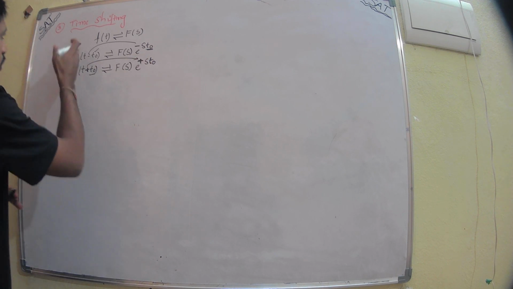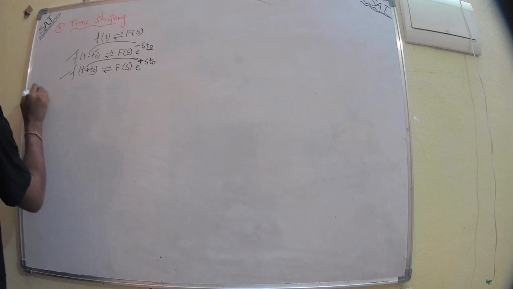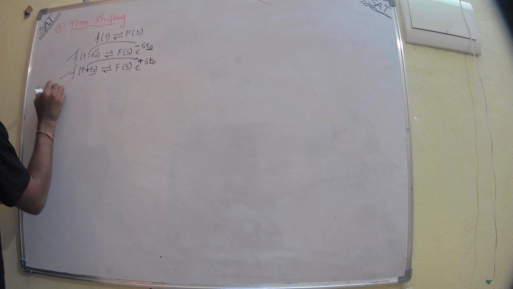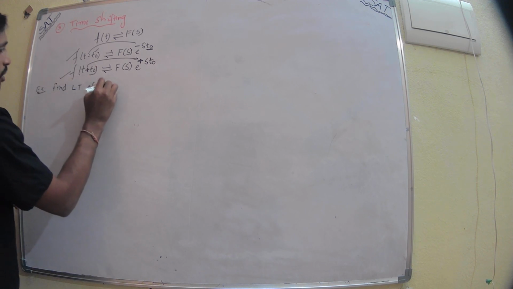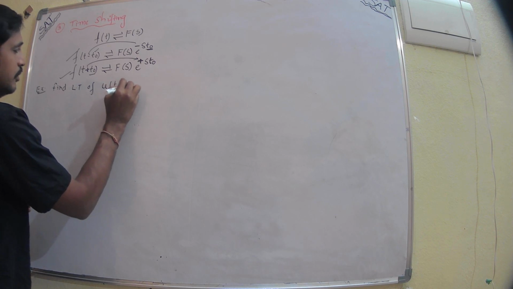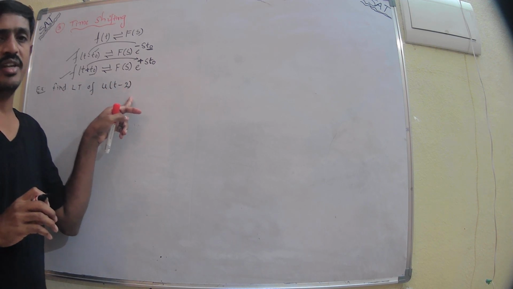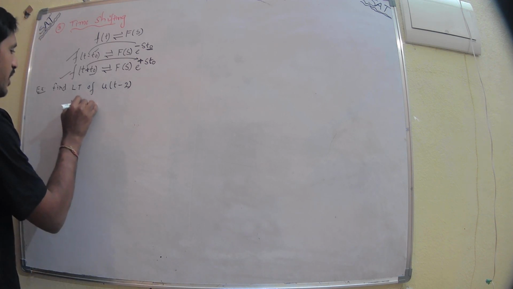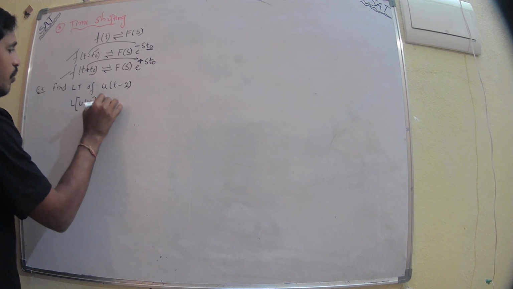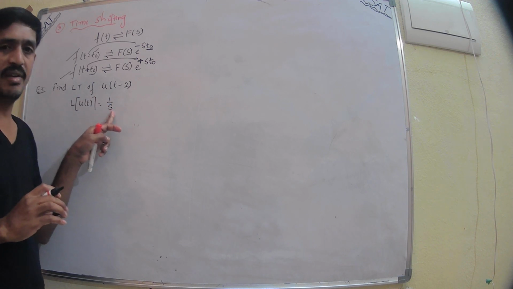To understand this time shifting, I can take a simple example: find Laplace transform of u of t minus 2. It is a time shifted version of u of t function. We know that Laplace transform of u of t is equal to 1 by s, which we have calculated in the previous class.